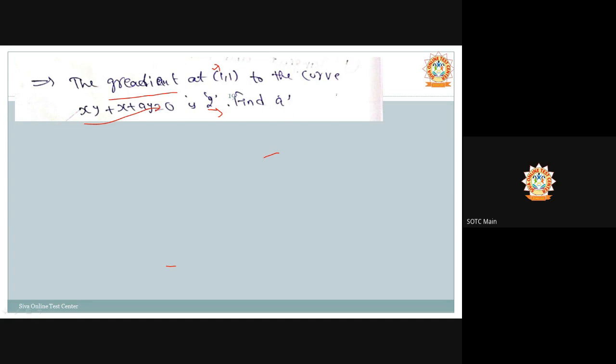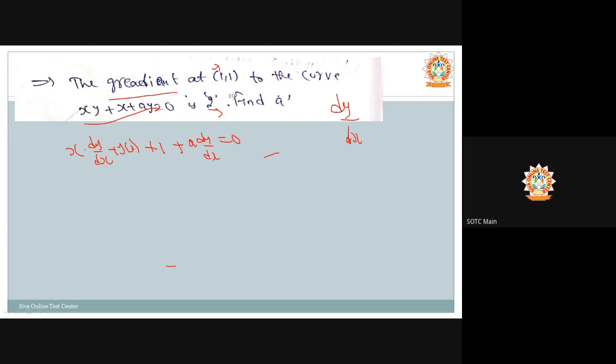First try to find dy by dx, and in that we can substitute 1 comma 1, right? So x into y, you definitely need to apply the product rule. So what will become? x into dy by dx plus y into differentiation of x with respect to x, which is 1, plus 1 plus a into dy by dx, that is equal to 0, right?